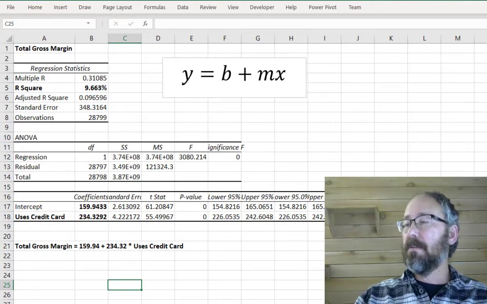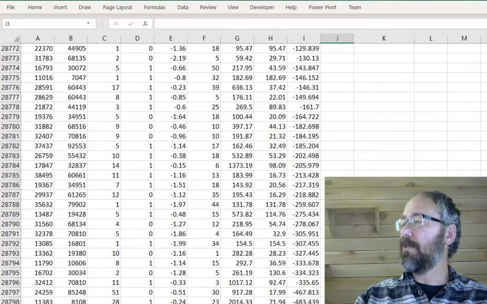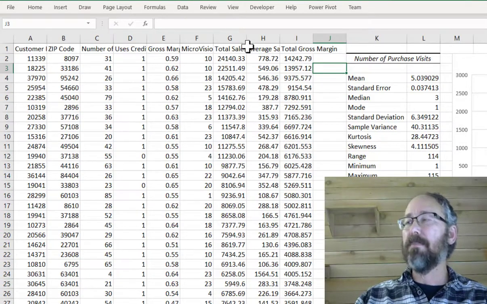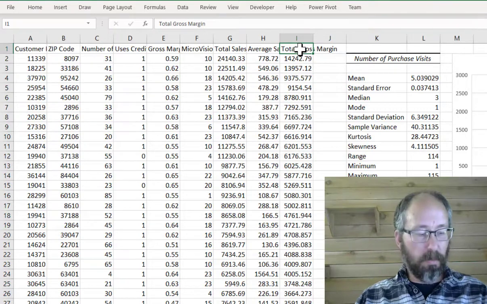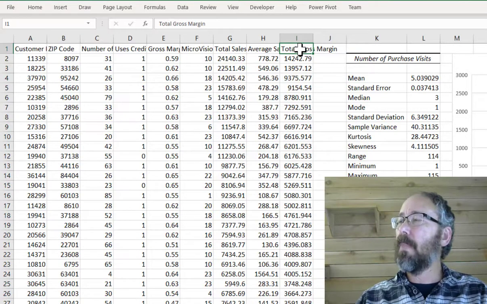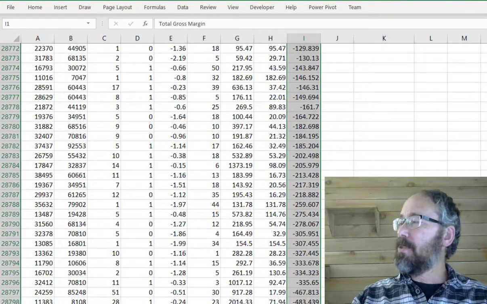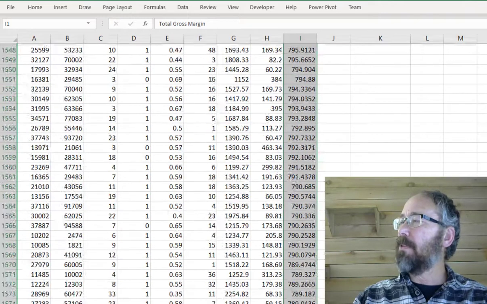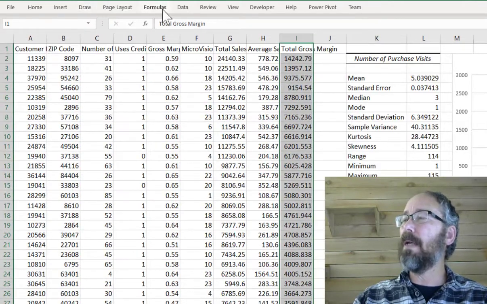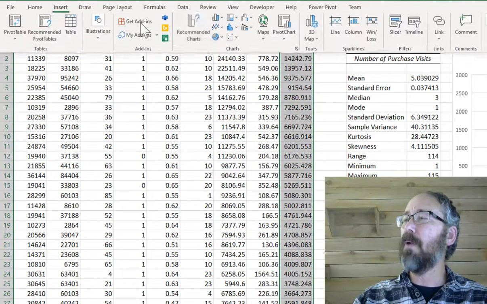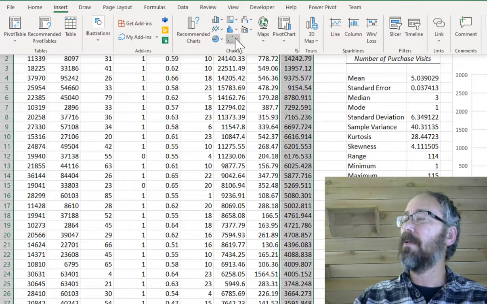And Excel has a nice feature that you can add a trend line. So if we take our total gross margin and we insert a scatter plot, and we've done this before, but I'll tie it into what we're talking about today.